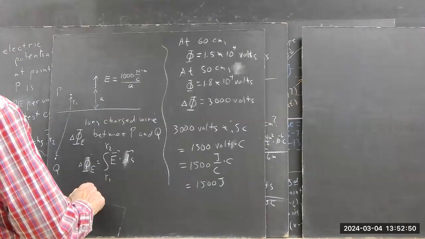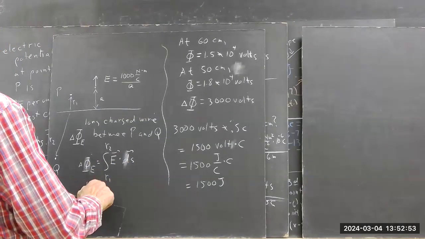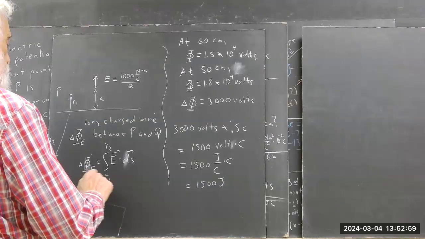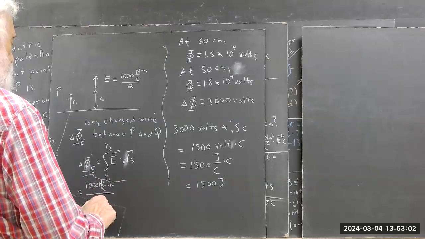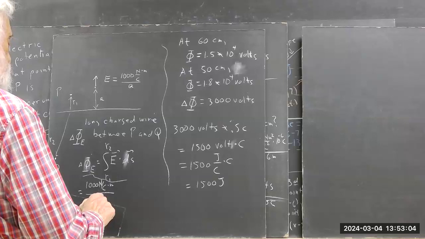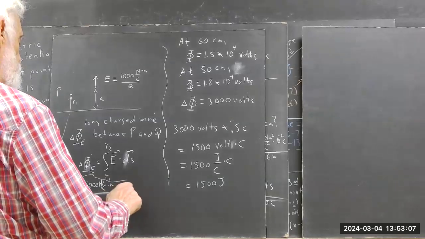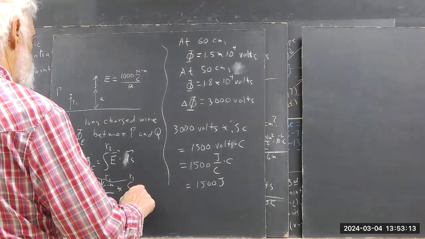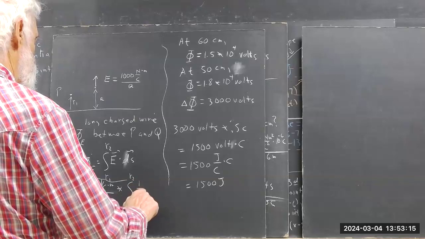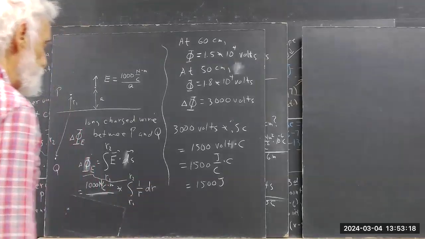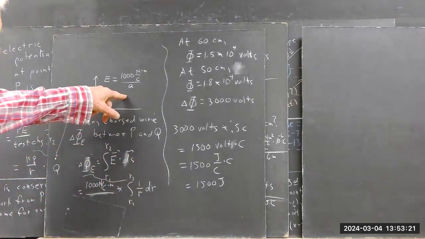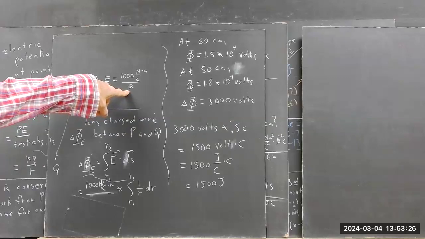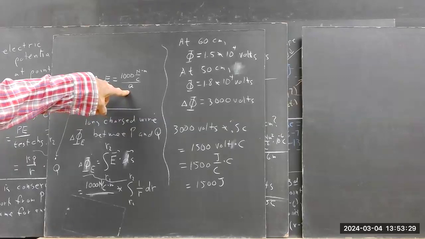Turns out this is going to just be your integral of 1/r dr. You don't have a reciprocal square here. You need to understand in terms of Gauss's law why you don't have a reciprocal square, why you have a reciprocal.